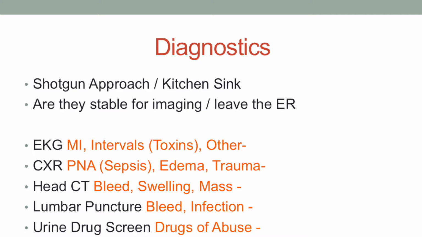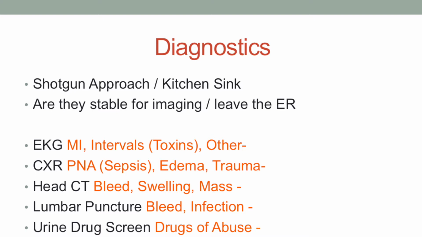For chest x-ray, we're looking for pneumonias or sepsis appearing patients, infection, edema on the chest x-ray, trauma, pneumothoraxes, causes for hypoxemia. Head CT, we're looking for head bleeds, we're looking for any swelling, we're looking for masses, anything that can clue us into why the patient's not cognitive.